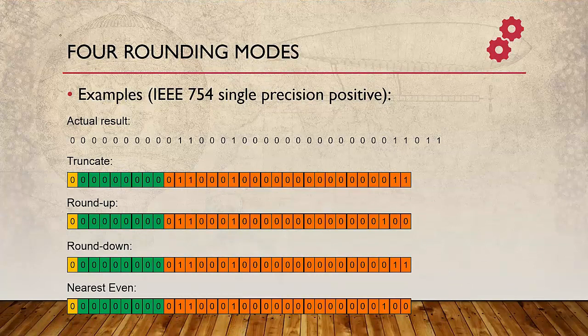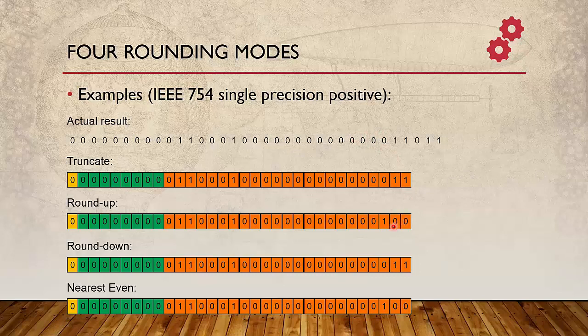So let us look at one example of 4 of the rounding modes. Let's say in one of our calculations, we get a result where the last 6 bits are 0, 1, 1, 0, 1, 1. In our system, if we want to do a simple truncation, we just get rid of the last 3 bits, so we are left with 0, 1, 1. If we want to do round up, we get rid of the extra bits and we add 1 to the rest.